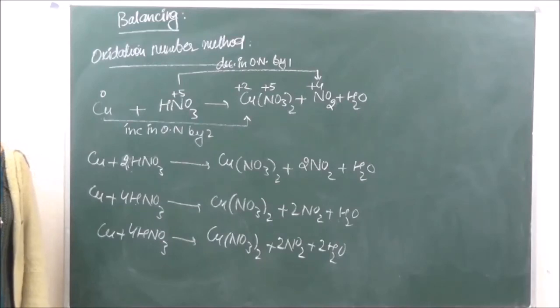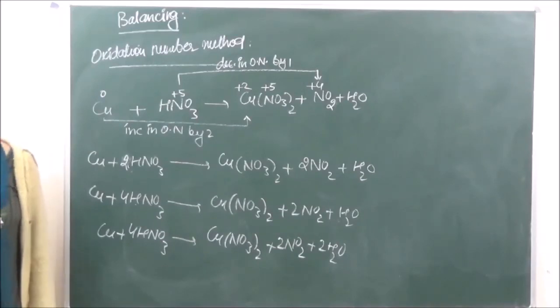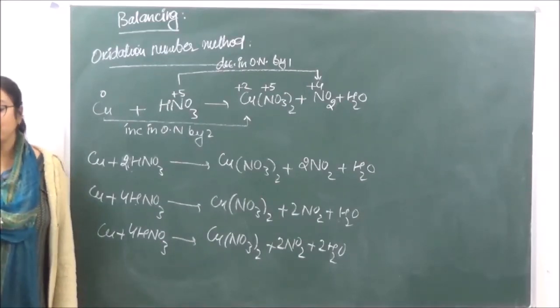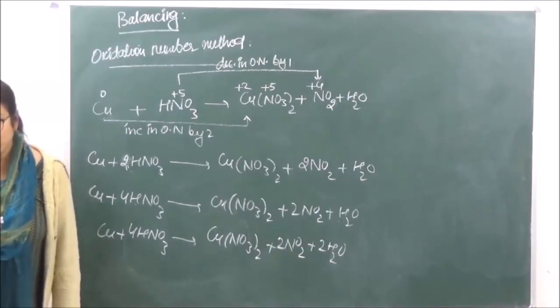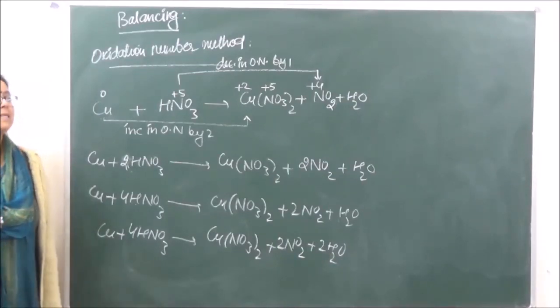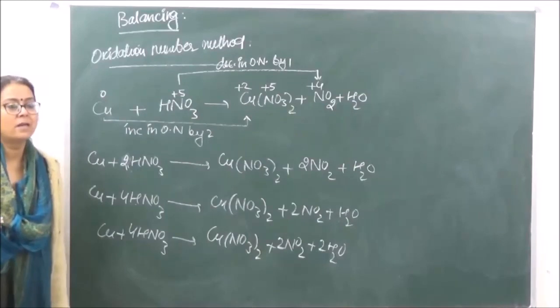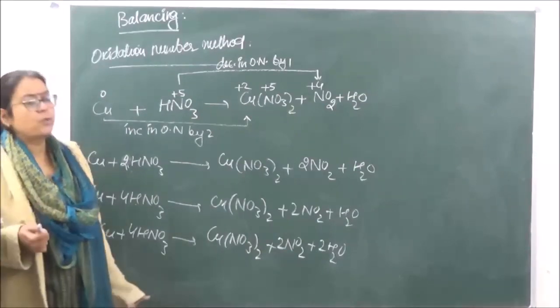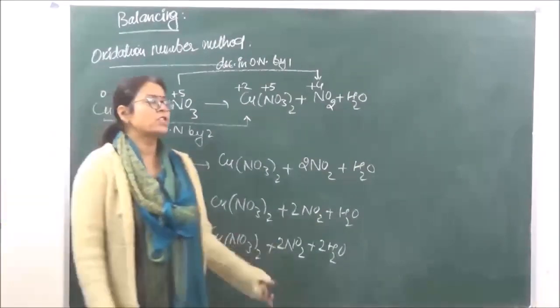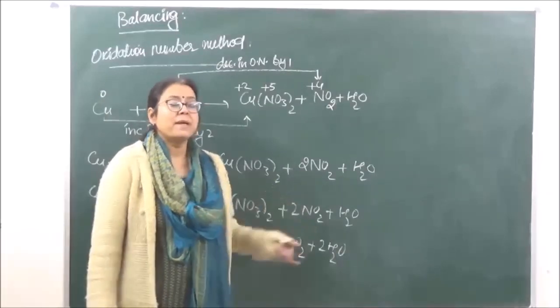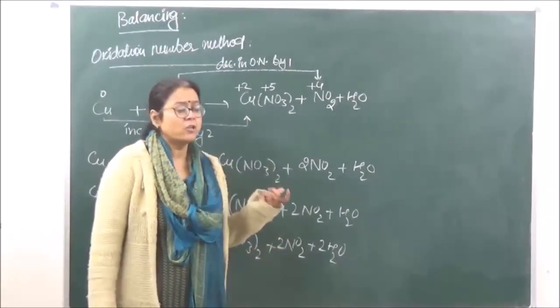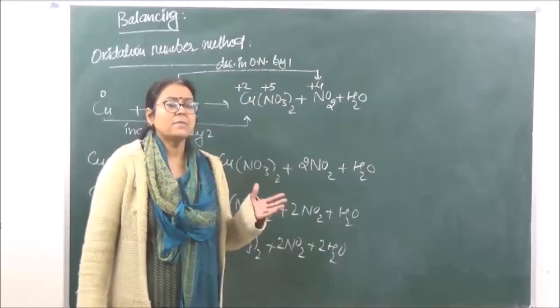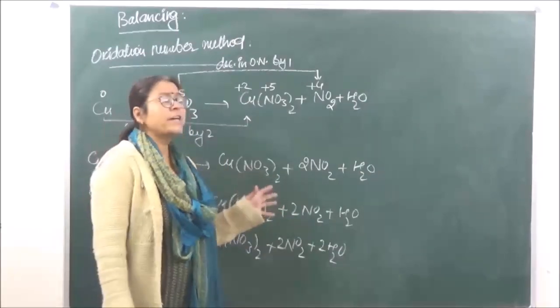Okay? So this is an easy method to do it. There is no great difficulty in this. But if you get a question there to balance the equation by a particular method, obviously in the competitions you will not get that. In the competition you just have to balance the equation. It is better that you balance the equation by the ion electron method, because that is an easier method and you do not get confused.